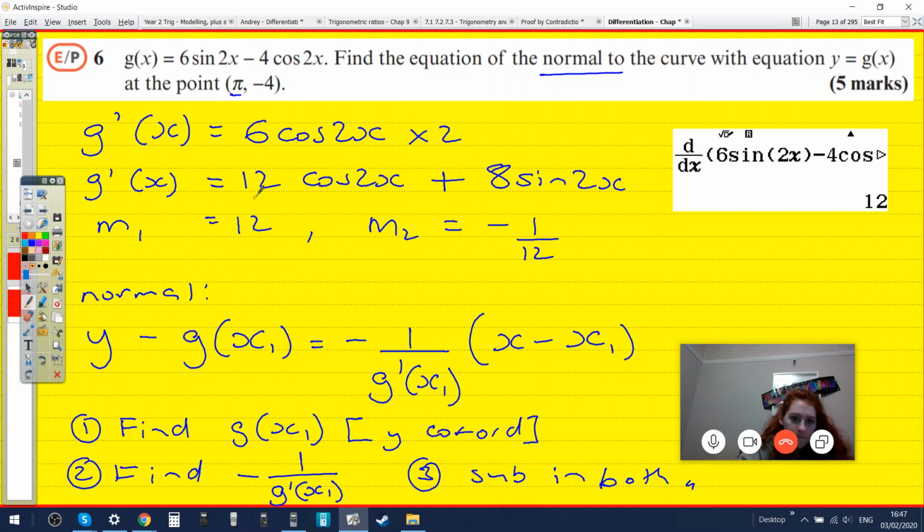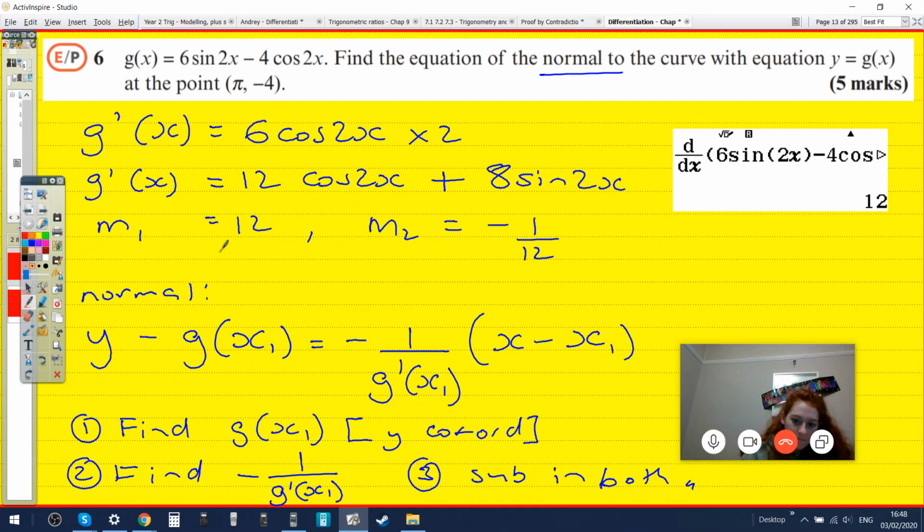And if they don't give you the y coordinate, you have to get it yourself, and that gives you the y, so y minus y1, and then the m is always minus 1 over what you get when you sub x into the gradient function. And inside the brackets, the x1 would be pi. Yeah. Okay. So it's the same as year 1 stuff, but now they're just using weirder stuff like pi.